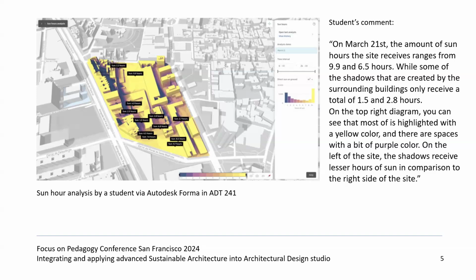If they need to add an outdoor area or a bus stop, they understand where those spaces need to be located to receive enough radiation during the winter to avoid heat loss, or if we have an indoor area, to also get more radiation when they are outside.